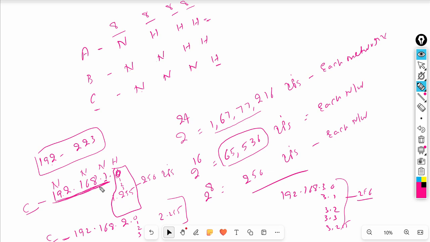For example, 192.169.1.0 is also a different network, right? So again 192.169.1.1, 1.2, up to 1.255. So in class C we get only 256 IPs.